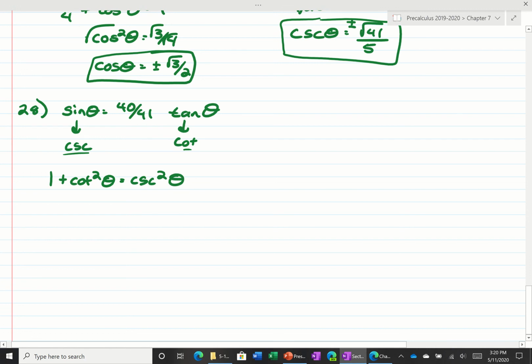So if sine is 40 over 41, cosecant would be 41 over 40.